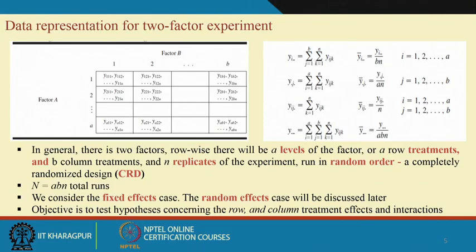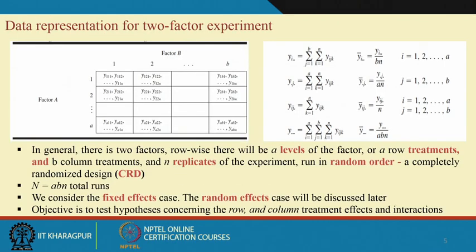That means we want to know whether factor A affects the response variable, factor B affects the response variable, and their interaction also plays a role in the observed response values. So that will be tested. As a result, there will be three different null hypotheses, and we will be testing them.